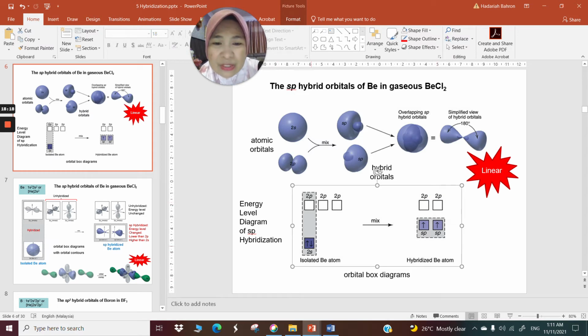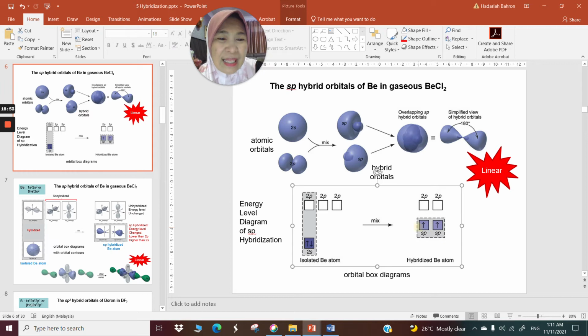But what happens to these two orbitals that have mixed, that have hybridized? When s and px mix, you're going to get two sp, like the one that I explained previously. This is one sp, that is one sp. But where do they occur in terms of energy level? They will be existing in an energy level higher than s but lower than p.